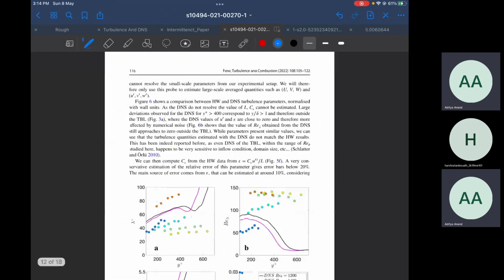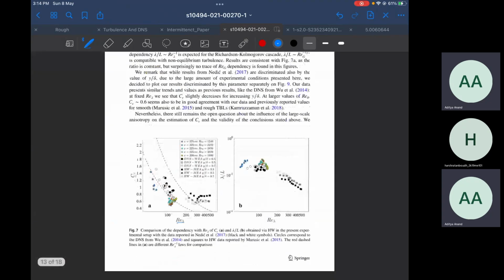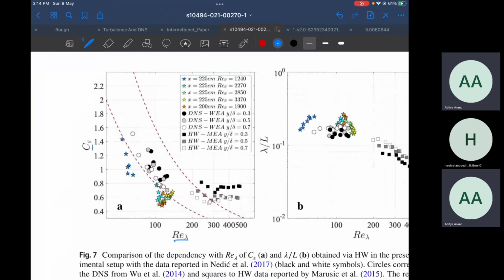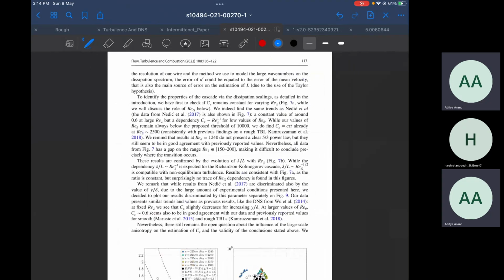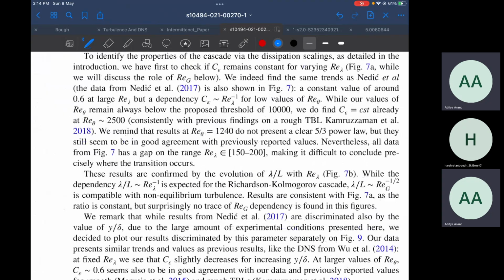And what they observe is, for low values of Reynolds numbers, there is this functional dependence on Re lambda. Okay, so this dependency is there.